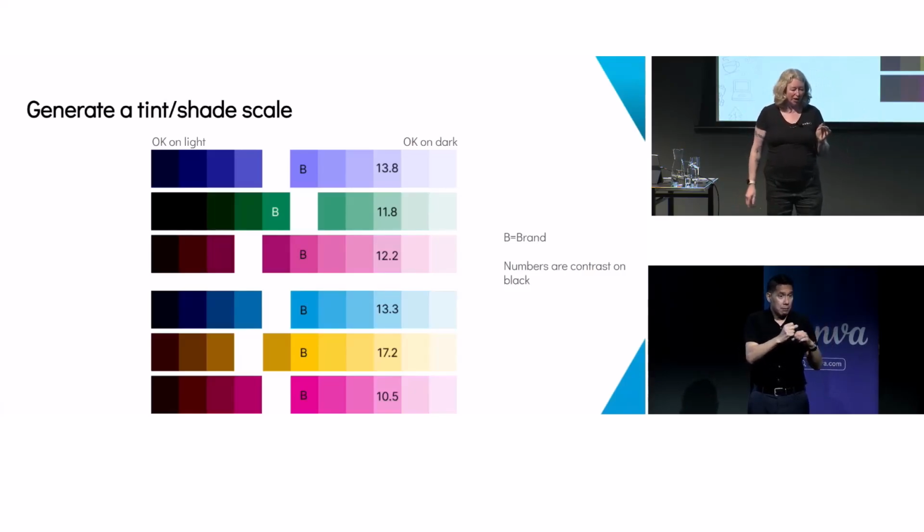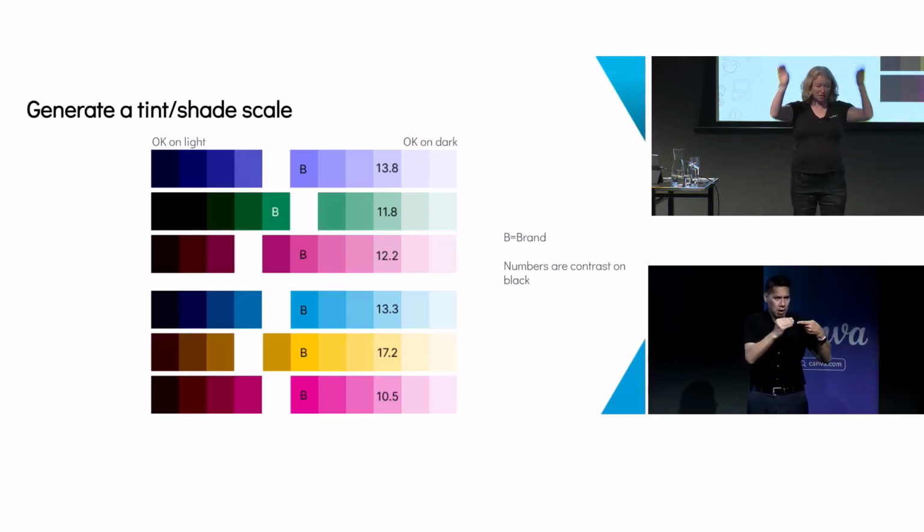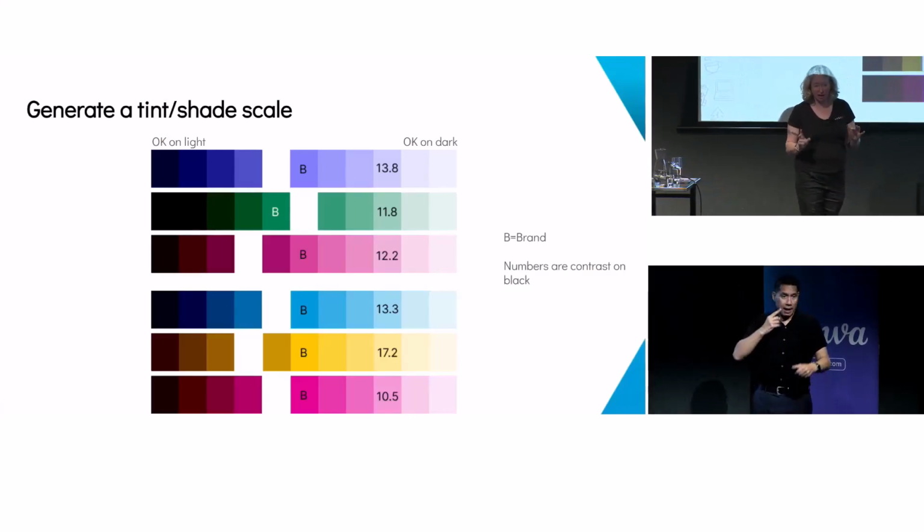The problem with doing that is that depending on the hue that you start with, when you develop your light and dark, I've deliberately stacked this up on the slide. You can see that I have a yellow as an example.